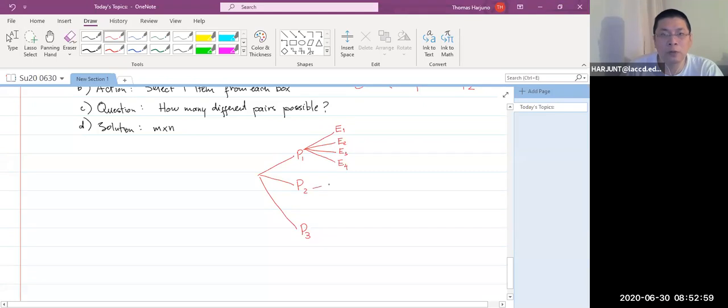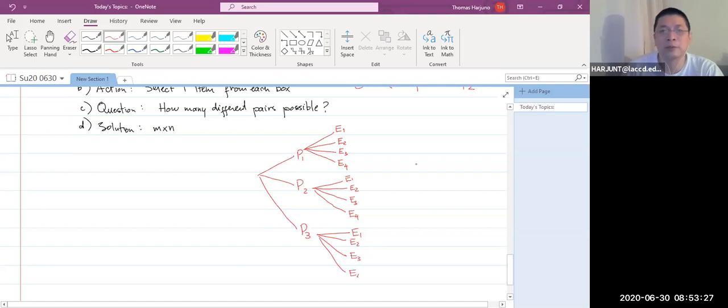Likewise, if you have selected pencil 2 from the first box, you have eraser 1, eraser 2, eraser 3, eraser 4 in your second selection from the second box. Likewise, if you had selected pencil 3 from the first box.